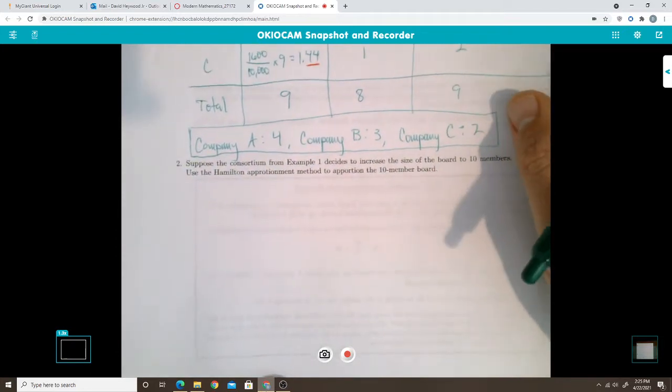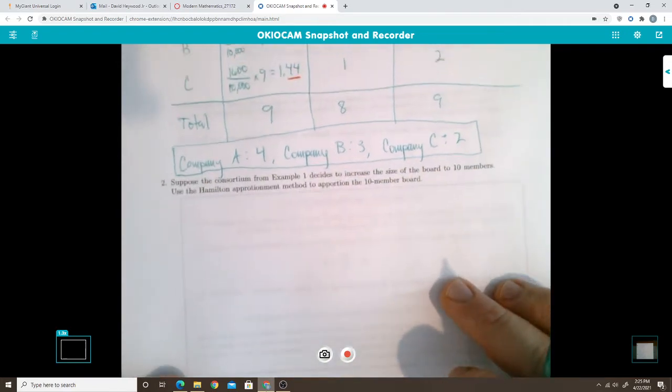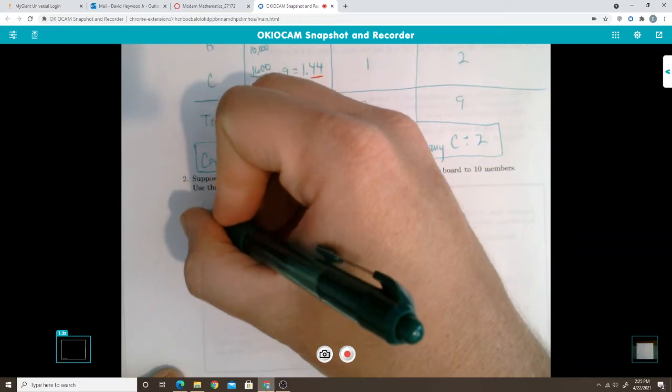It says, suppose the consortium from example 1 decides to increase the size of the board to 10 members. So before they only had a 9-member board, now they're going to have a 10-member board. Let's use the Hamilton apportionment method to apportion the 10-member board. Okay, so I'm going to do the same thing and create a little chart.